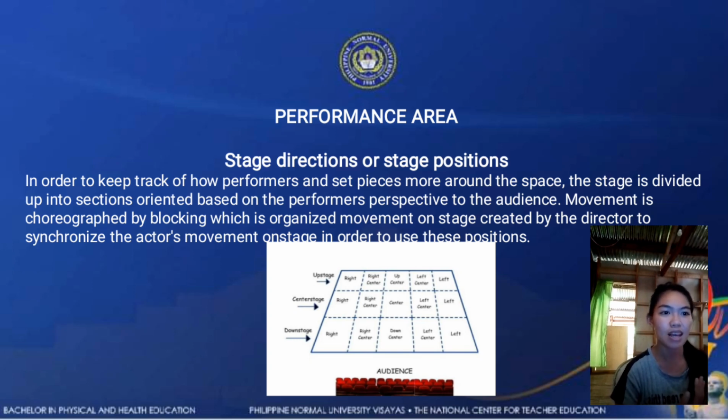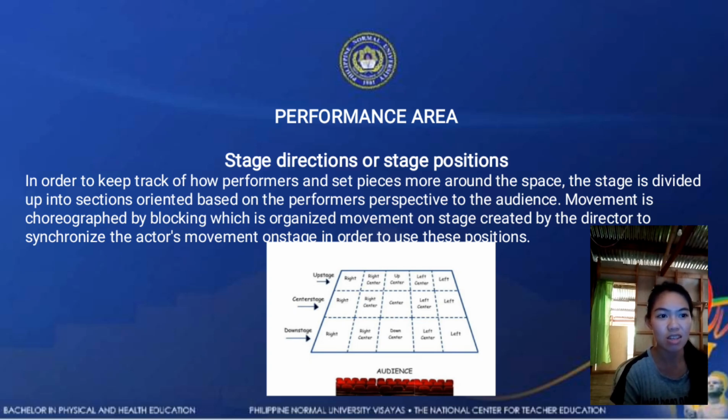Now here are some sections of the stage or the performance area. So number 1, the upstage, which is divided into right, right center, up center, left center, and left. So these are the upstage. Next is the center stage.